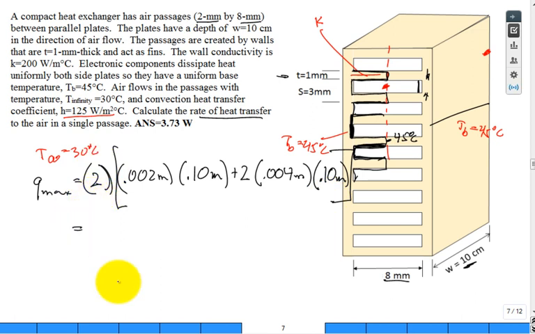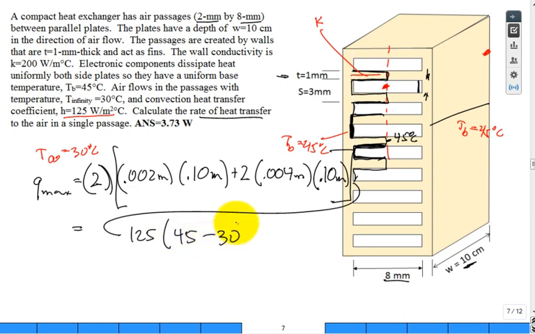Okay, I need to multiply this by the convection coefficient H, which was 125. And then the temperature difference, 45 minus 30. Did I do that okay? All right, if you have a calculator, can you run that number?